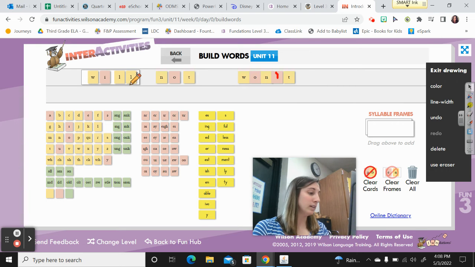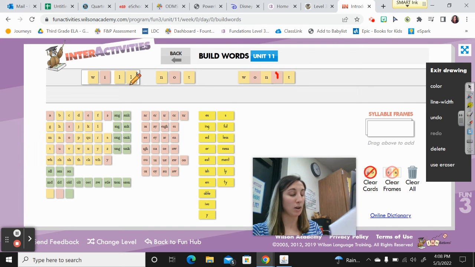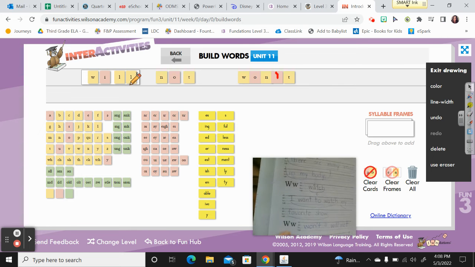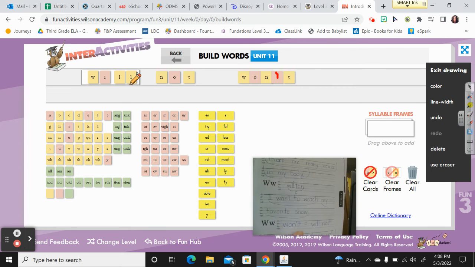Okay, so we're going to go ahead and add both of those things in your student notebook. The W's are on page 81, so go to your vocabulary section on page 81. And you're going to write the contraction first, won't, and you're going to say that that's equal to the same thing as will not.